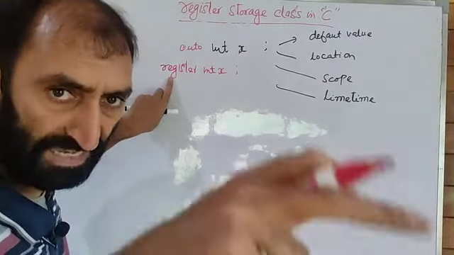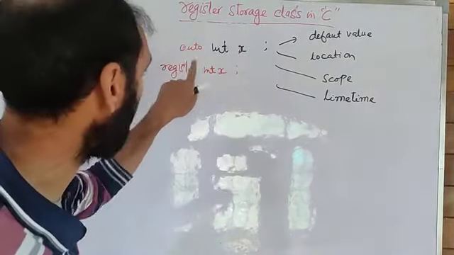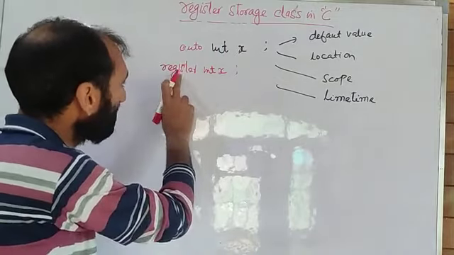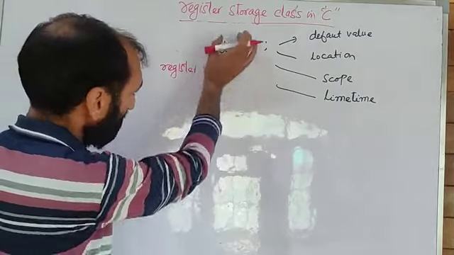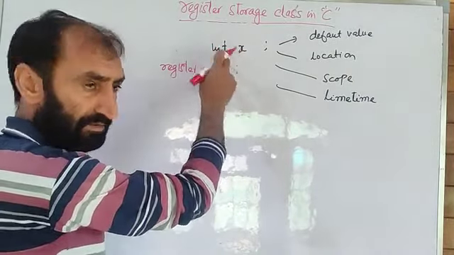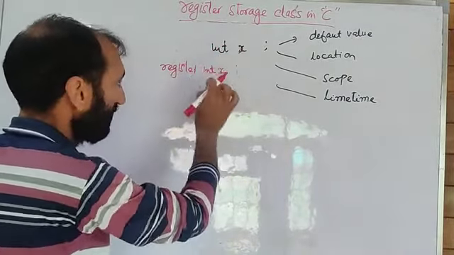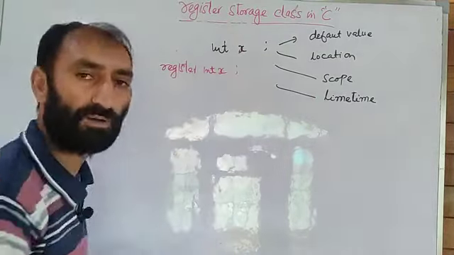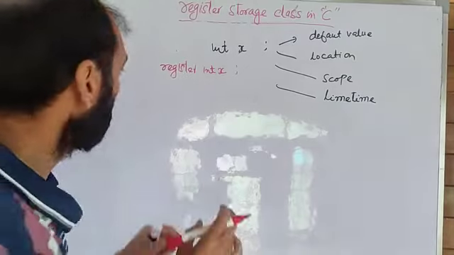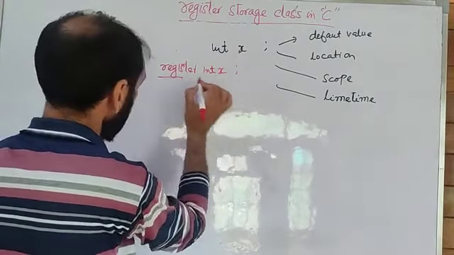In order to declare a variable as a register storage class, we have to use the keyword register, and then simply the type of the data that is going to be stored in that variable, and the name of the variable.